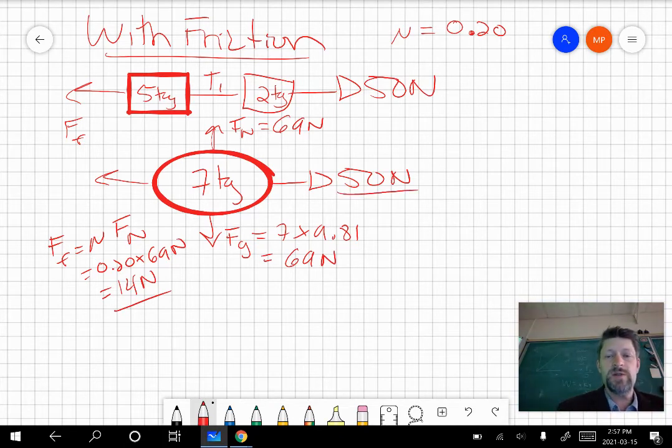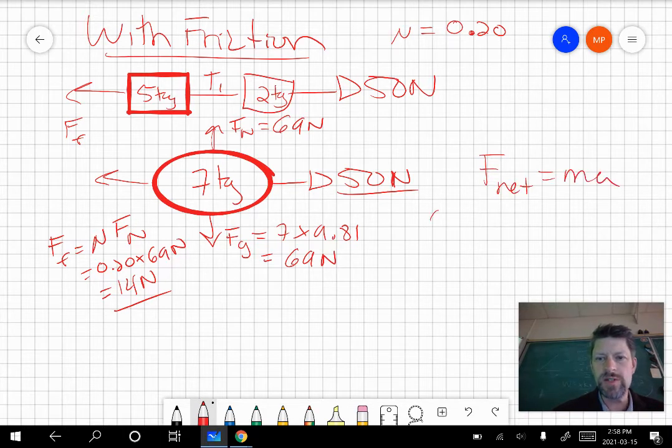So I've got 50 newtons forwards, and I have, I don't like the way I drew my mu there. It's still not great, but I'm going to leave it now. I've got 50 newtons forwards and 14 newtons backwards. So I'm going to write my F net statement maybe over here. F net equals ma.